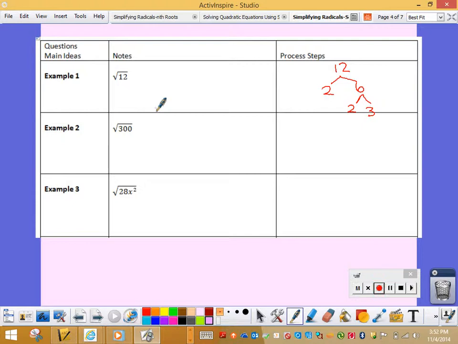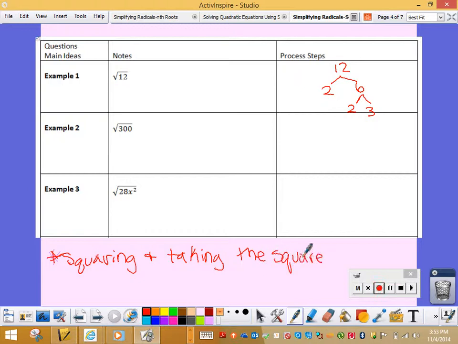Maybe we should write a note of that. If you flip back to your summary page, you can write a little note saying, squaring and taking the square root of a number are what we call inverse operations.